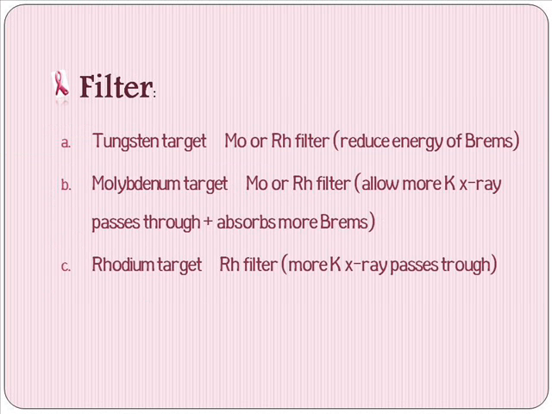Next, for the added filtration, we intentionally put a sheet of metal, which is tungsten or molybdenum, to absorb high energy Bremsstrahlung or high energy characteristic X-ray that exceed the optimum energy for mammography.